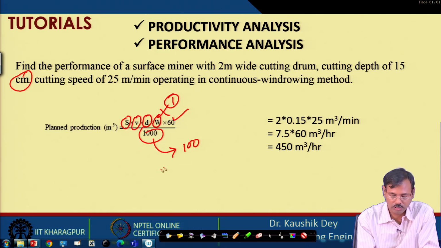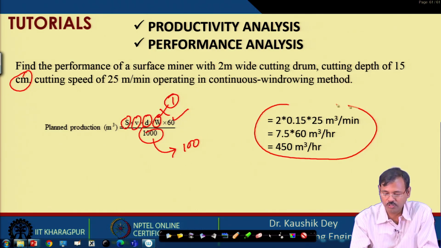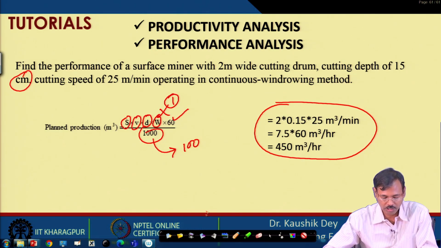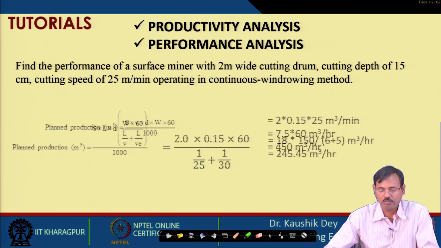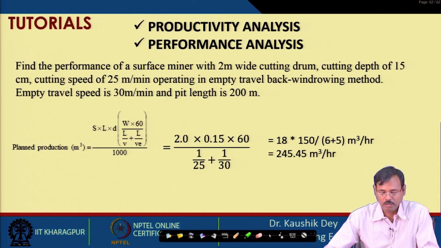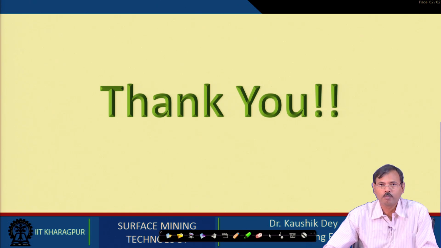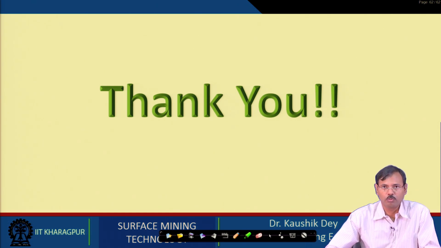So, it is calculated here, 450 meter cube per hour is the calculated result. So, this is a small example, and we have covered the productivity formula. We will go for more and more tutorials in the next 2 classes. Thank you.